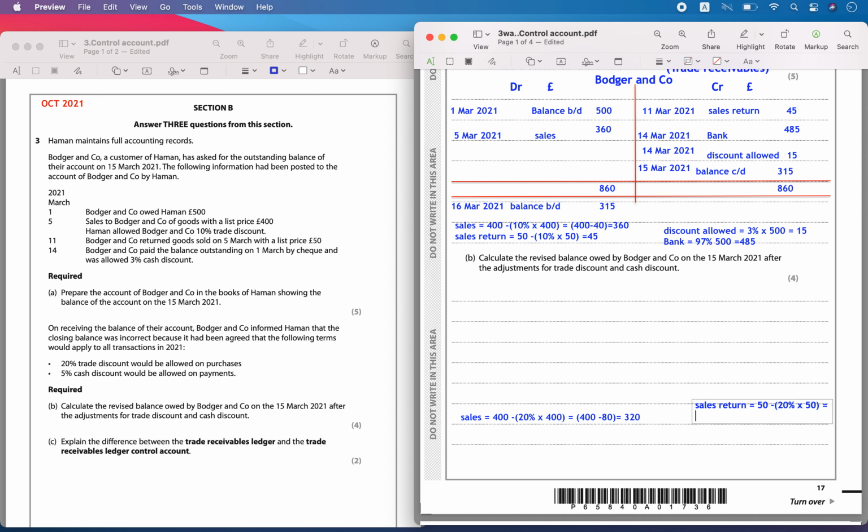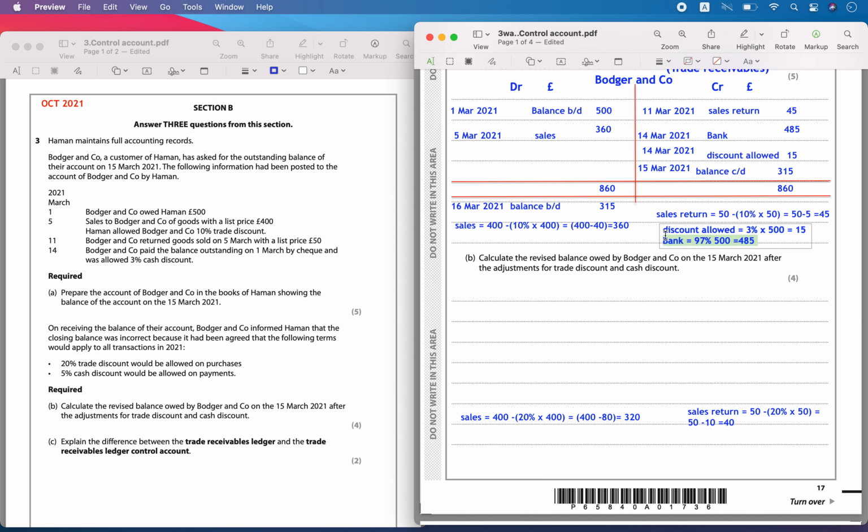So 20% of 50 is 10, so 50 minus 10 is equal to 40. Earlier it was equal to 50 minus 5, that is equal to 45. So now the sales return is different.